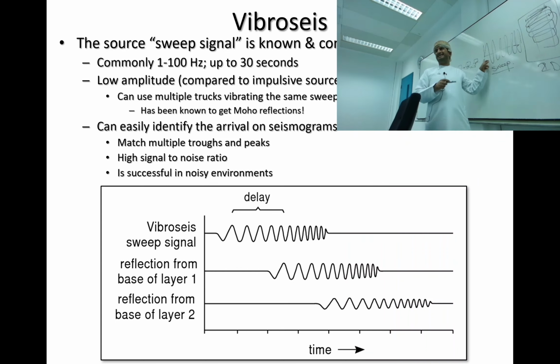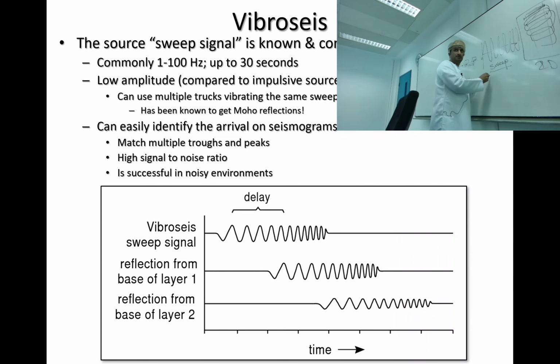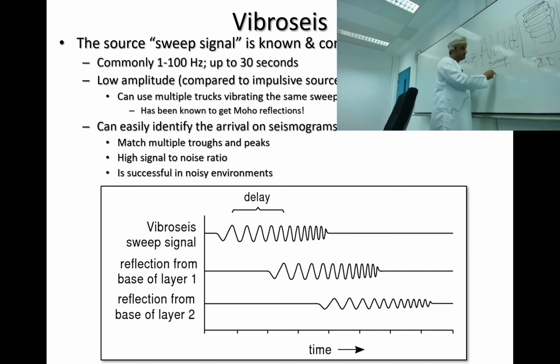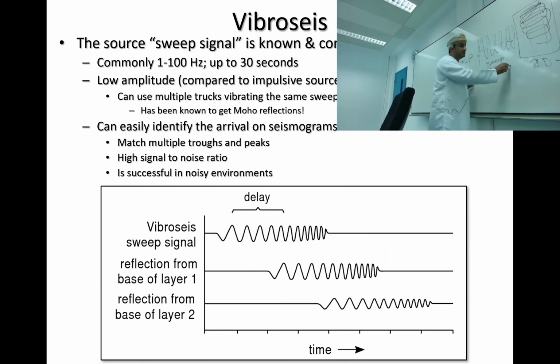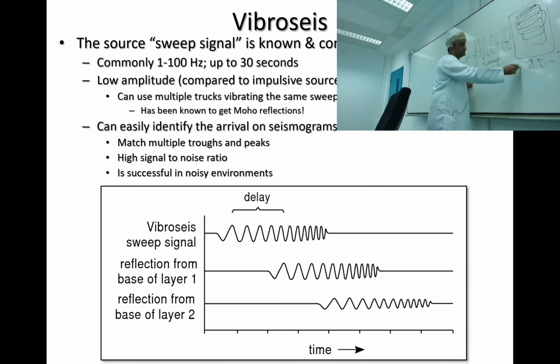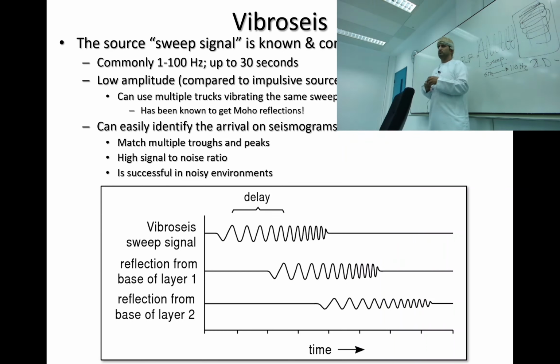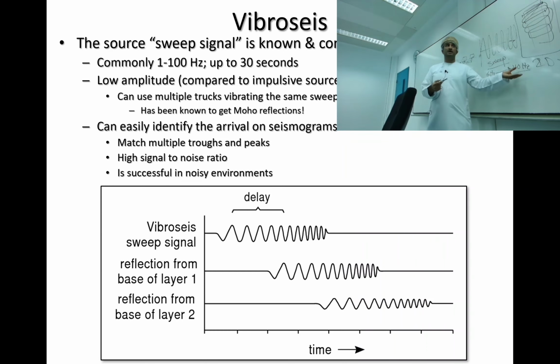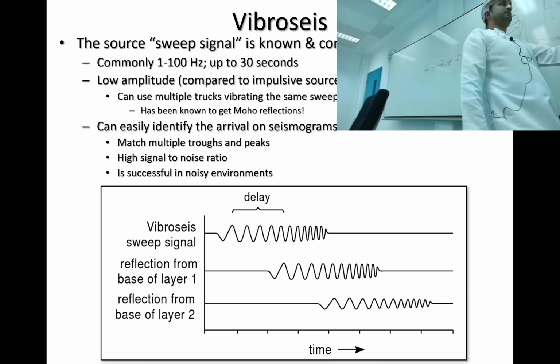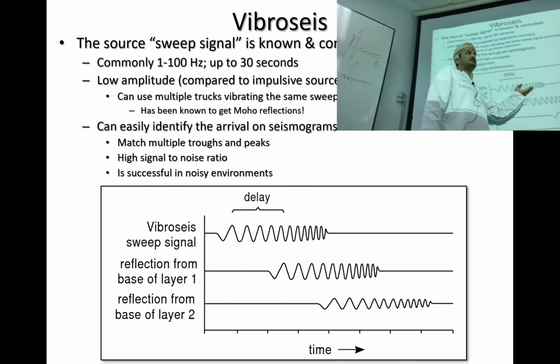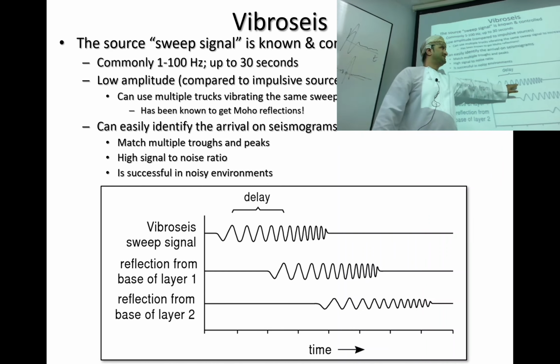What you see here is a sweep that starts from low frequency, let's say 6 hertz, and starts increasing up until 110 hertz. What kind of sweep is that? Is it upsweep or downsweep? That's an upsweep. You are starting from low frequency to high frequency. So this is a sweep.